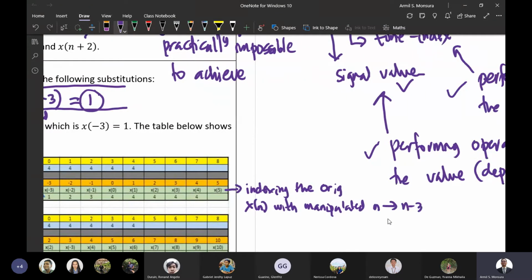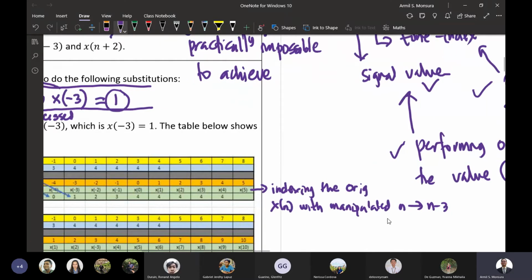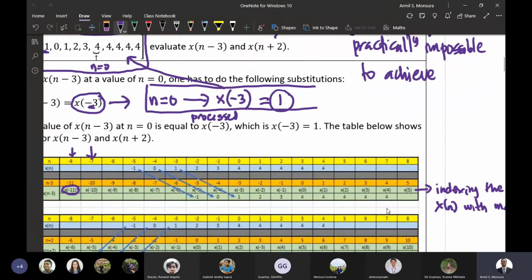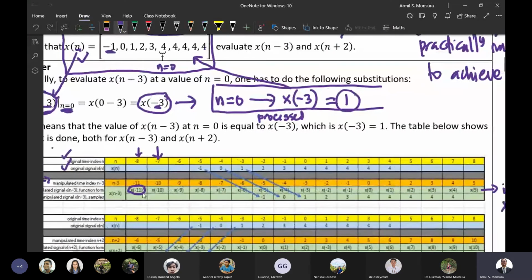So kung kumpletuhin natin yung indexing nung original signal natin, ma-generate natin yung table na yan. So meron yung row na yan. So you have x of -11, x of -10, x of -9, x of -3, and so on. Okay? Naintindihan ba ako saan nanggaling? Yung second row?